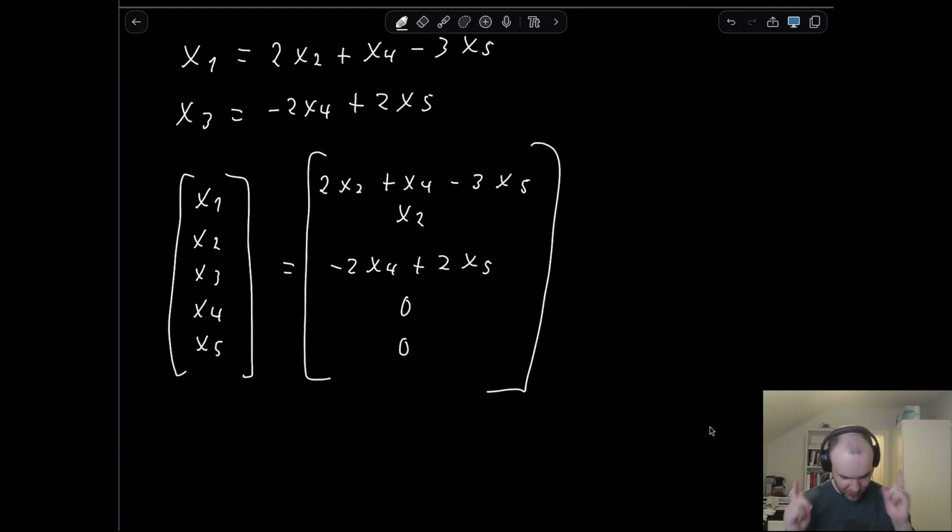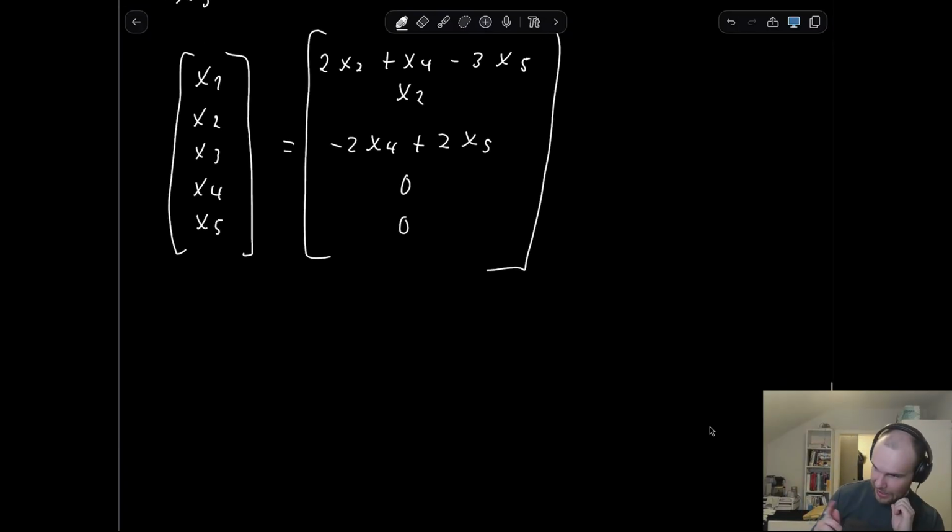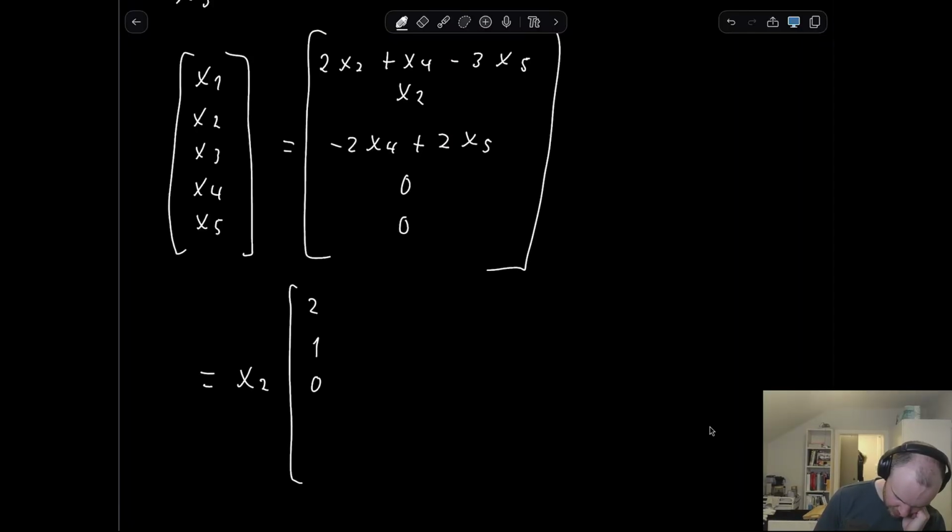But look now. If I now take out the free variables, I can describe this the same thing as x2 times the vector 2, 1, 0, 0, and 0, right?